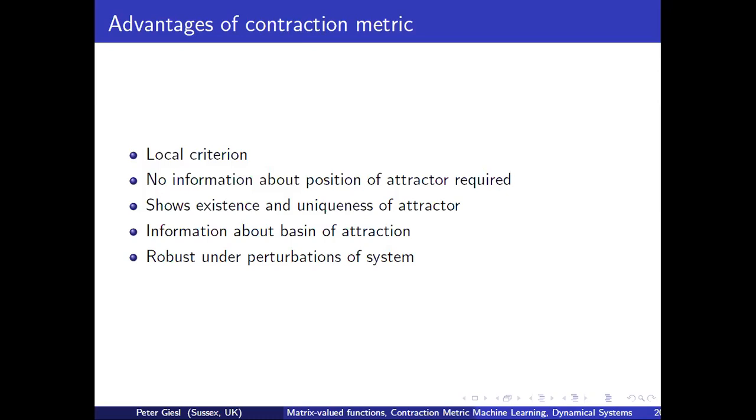You don't need to know any information about position or even existence of an attractor, but in turn, if this criterion is satisfied, it will show the existence and uniqueness of a certain attractor, so either equilibrium or periodic orbit, and it also gives you information about the basin of attraction of this attractor, and it's robust under perturbations of the system. So even if you perturb your system and perturb your equilibrium point or your periodic orbit, it will still be a valid contraction metric, and we will be looking at that later.